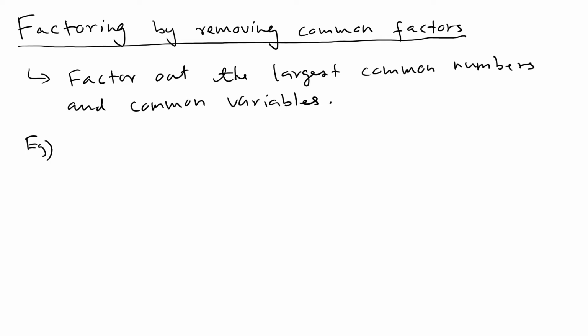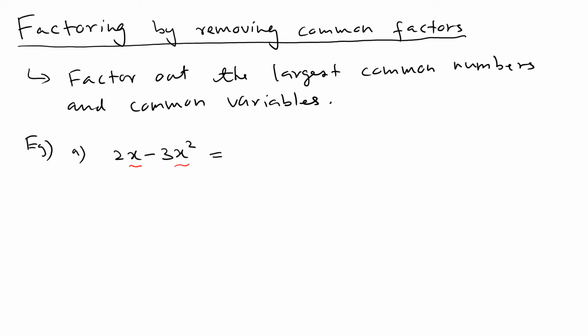Let's say we have as the first one 2x minus 3x squared. When you look at this problem, you can see that there are no common numbers between these two, we have 2 and 3, but x is common to both.